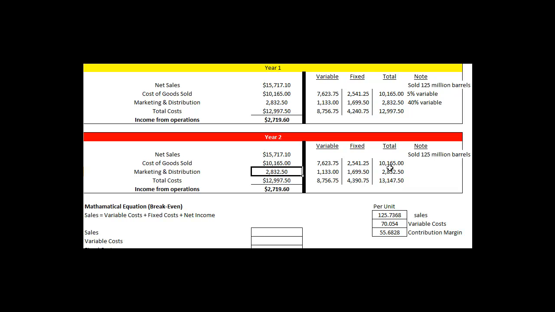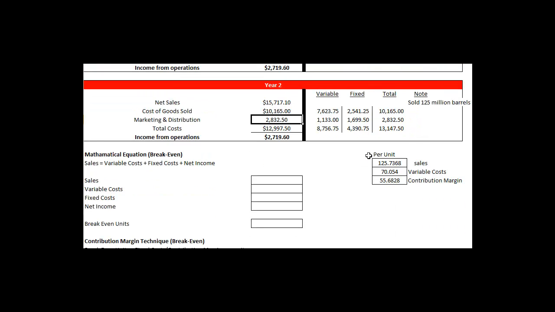So here's what we're going to now focus on. Let's figure out the break-even using the mathematical equation. The per unit sales price didn't change, nor did the variable cost per unit, so my contribution margin per unit didn't change either. So I'm leaving all of these the same as they were in the first part of the problem.